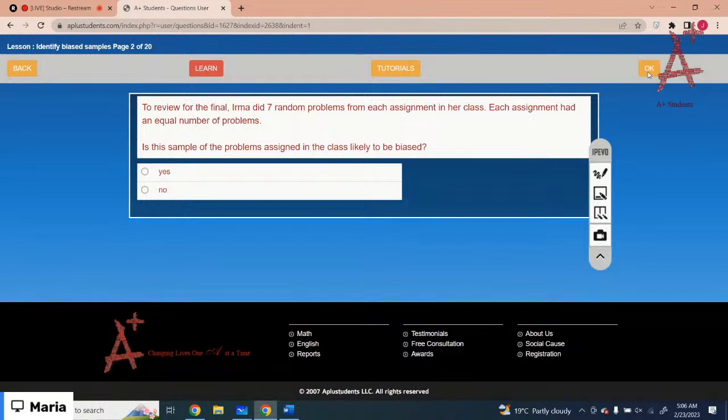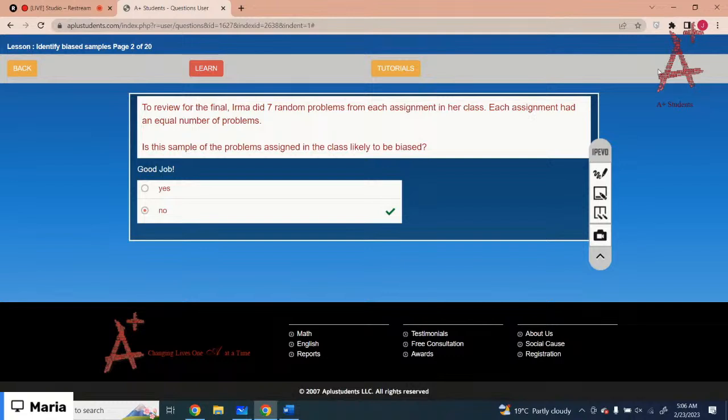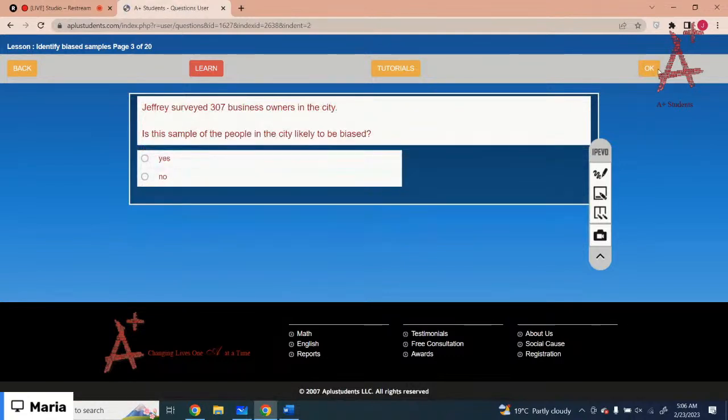Is the sample of the problems assigned in the class likely to be biased? No, they are not biased. Why? Because she selected 7 questions at random. The biased samples are the ones that are selected on a specific criteria. Got it?